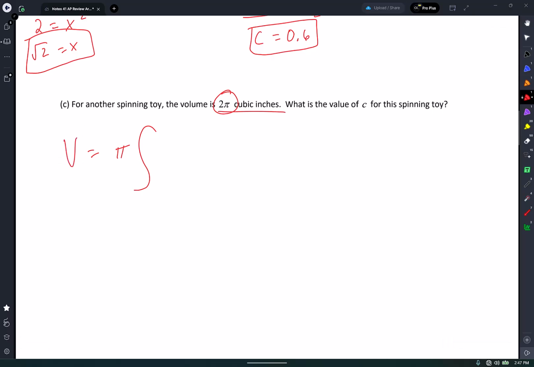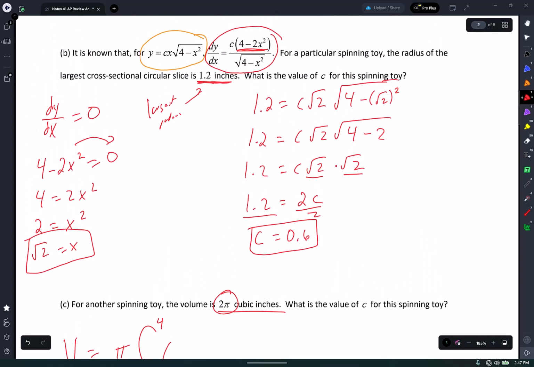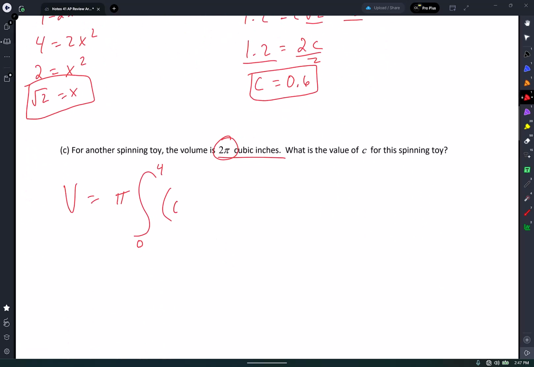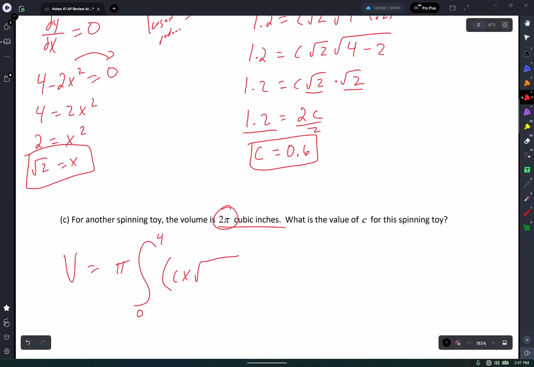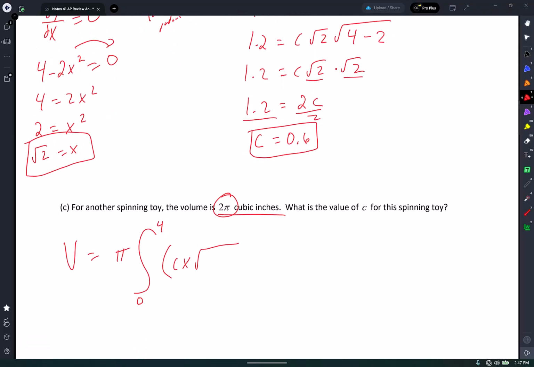Volume equals pi integral from what to what? 0 to 4, open parentheses, write it with the letter C. Cx square root of 4 minus x squared. Put a square on it, dx, pi r squared.